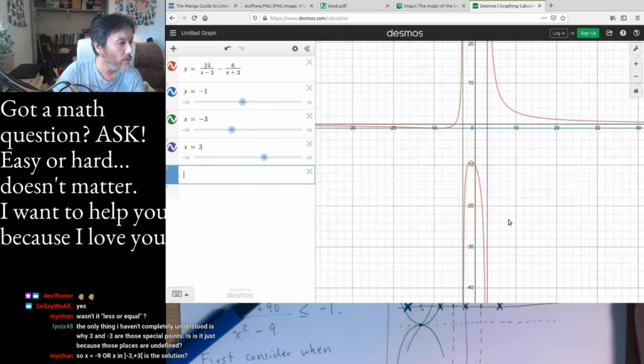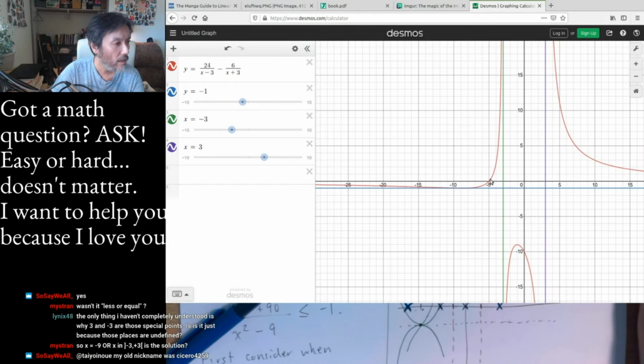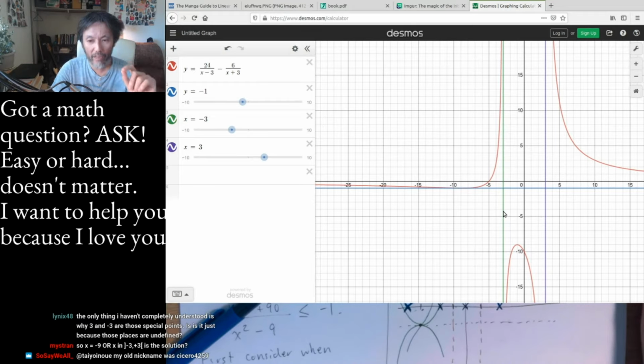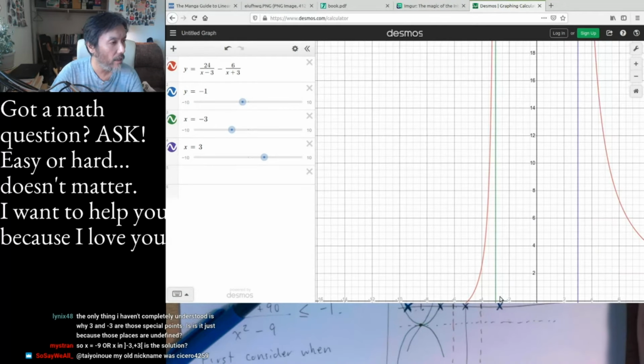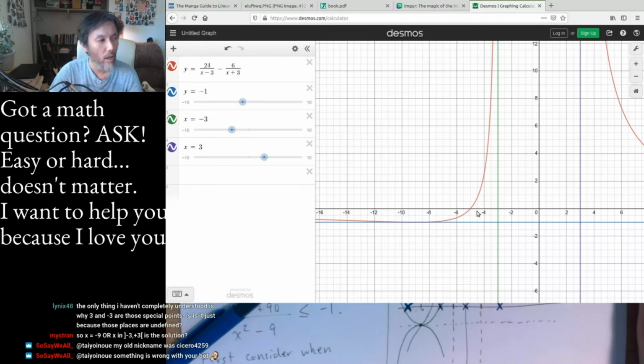What we see, which is particular to rational functions, is that these are vertical asymptotes. What is a vertical asymptote anyway? It is a vertical line, hence the word vertical, which the graph of the function gets closer and closer to as we get closer and closer to the x value of that line.